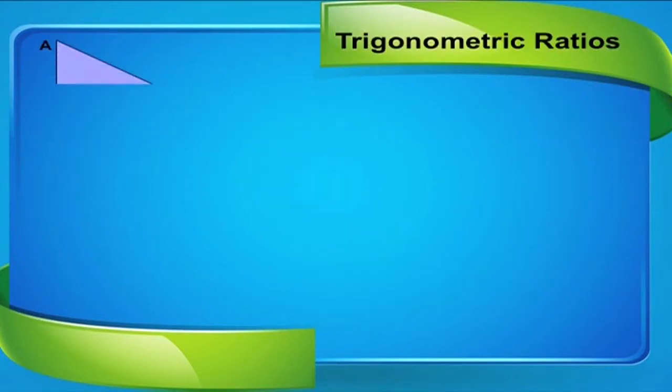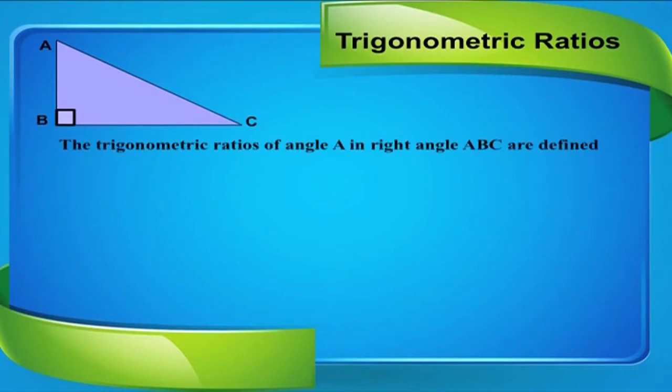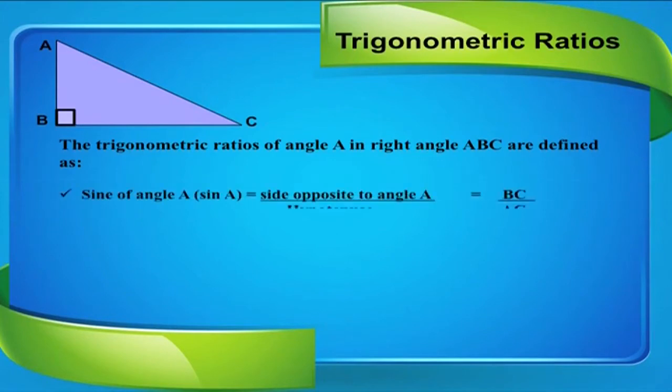Coming to the trigonometric ratios, the trigonometric ratios of the angle A in right angle triangle ABC are defined as follows. Sine of an angle A is equal to side opposite to angle A upon hypotenuse, that is BC upon AC.